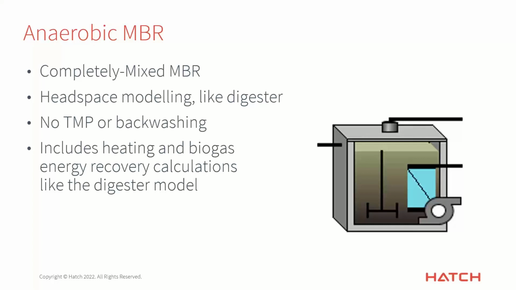But what it does include is the heating and biogas energy recovery model that is part of the digester model. So if you were generating gas and you wanted to investigate what could be a benefit here, what we could capture and get back from that gas production and heat retention, those calculations are available to you.